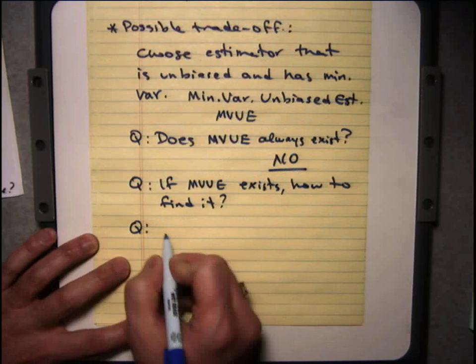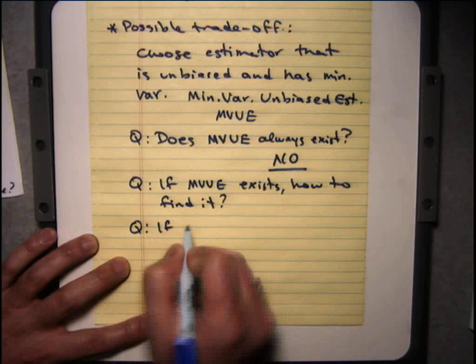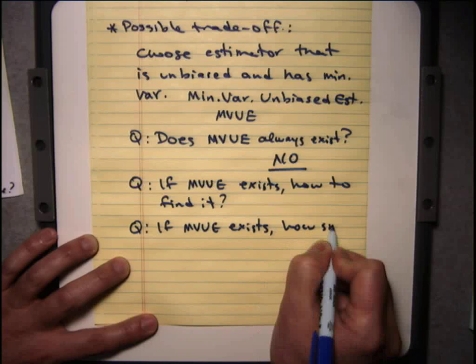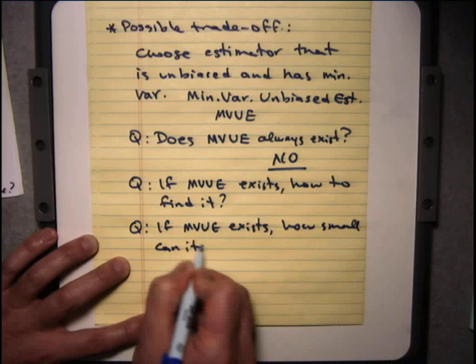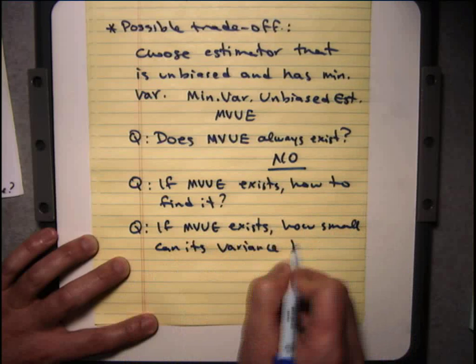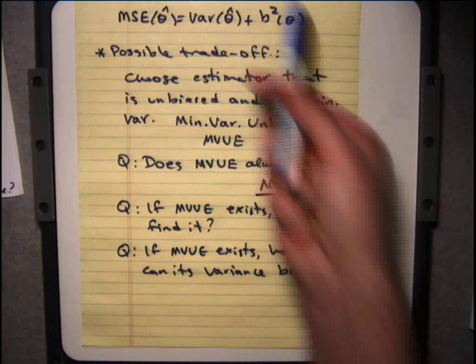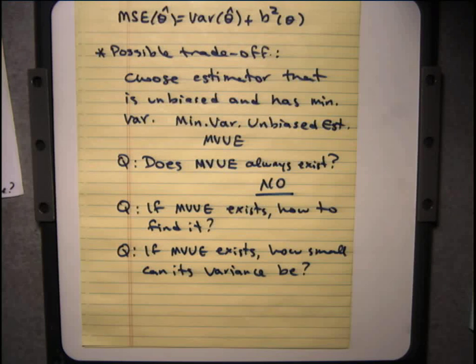The next question might be, again, if this minimum variance unbiased estimator exists, how small can its variance be? Maybe there are multiple estimators that have zero bias, maybe a whole class of them. Each one of those unbiased estimators might have a different variance, and one of them is going to have smaller variance than the others.